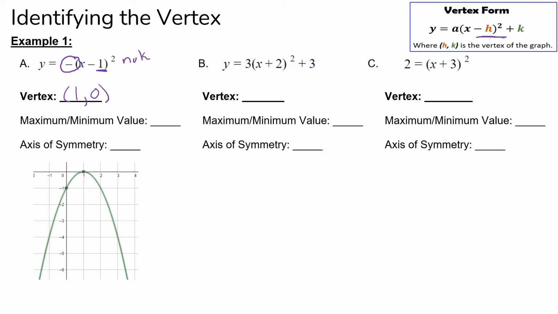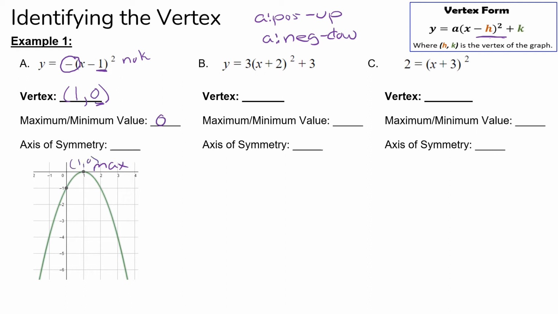So remember, if a is positive, the graph goes up. If a is negative, the graph goes down. So since our a is negative, that graph goes down, and so that will have a maximum because the graph goes down. And we're looking at the y value of the vertex. So the y value of the vertex is just 0.